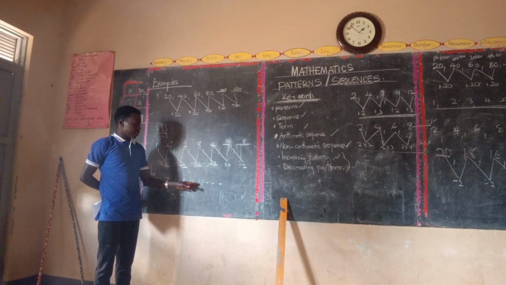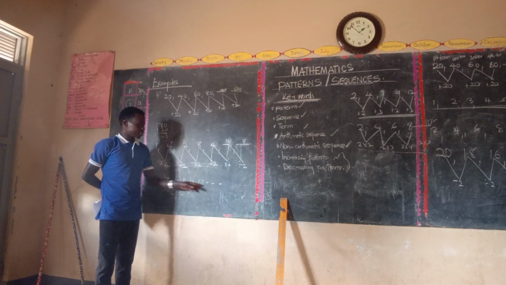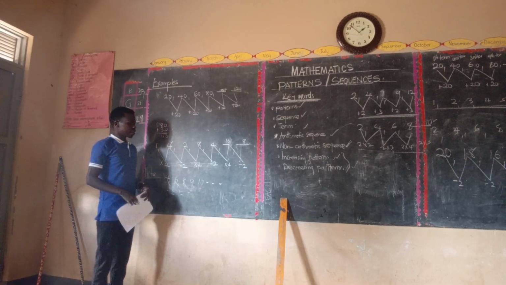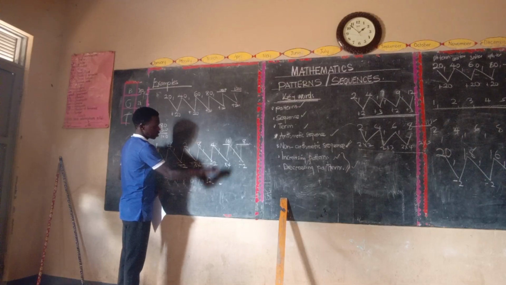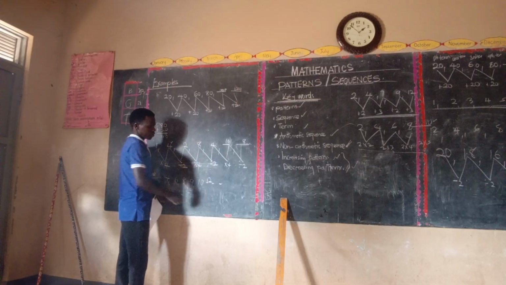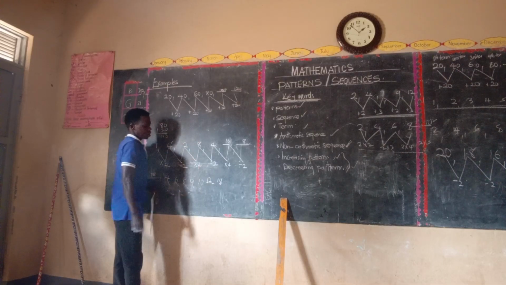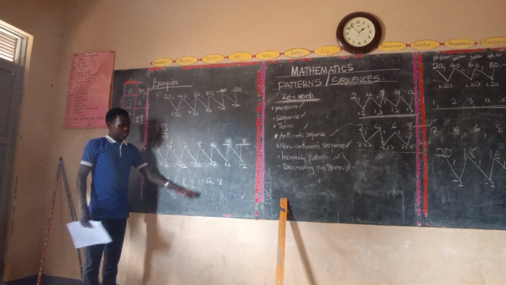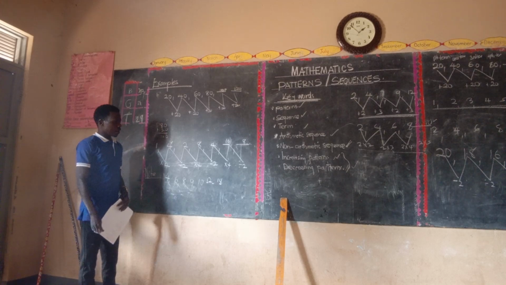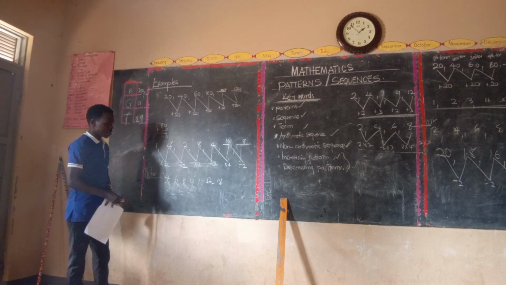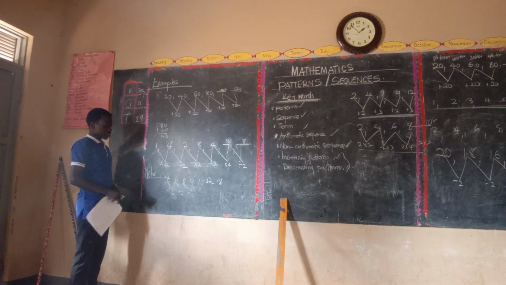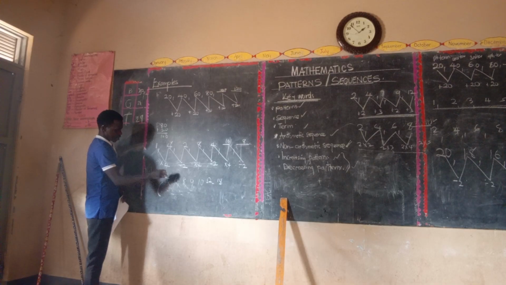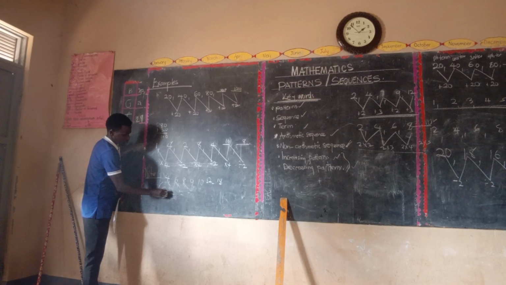If you look at 10, the next composite number after 10 will be 12. And the next after 12 will be 14. So when you just identify them, you just write them there. Then to show the examiners what you have done, you open your bracket, then you state clearly the type of number. In this case, it is composite numbers.